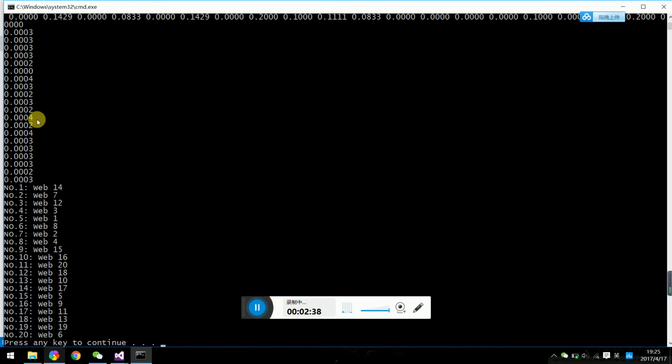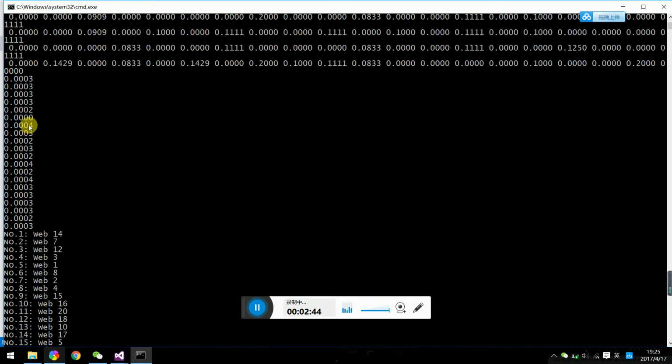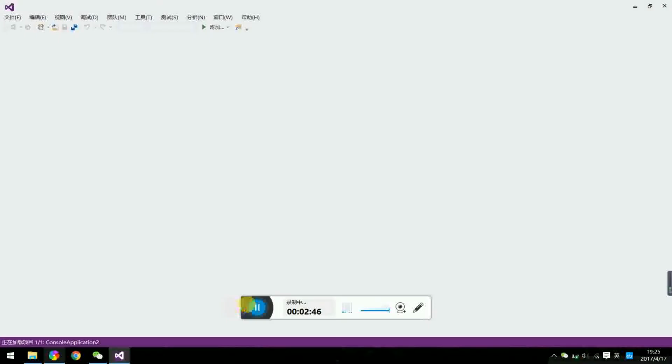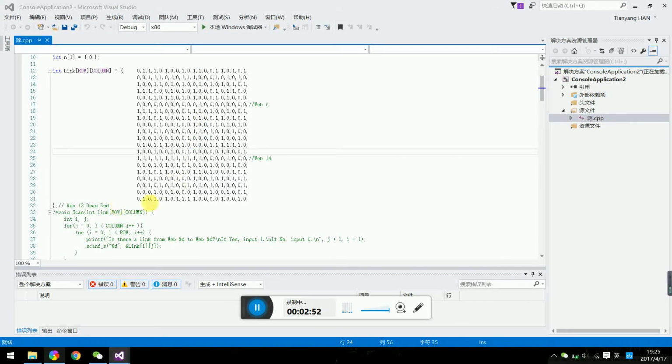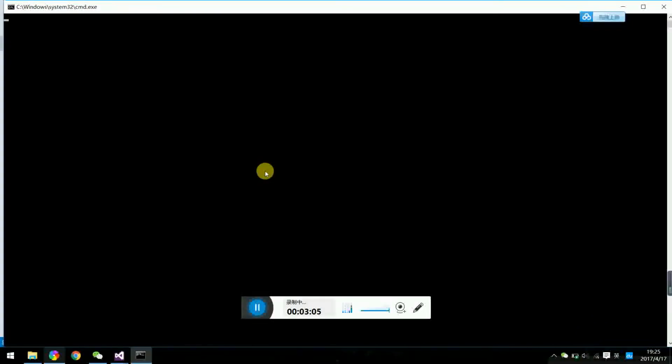I just calculated 70 times, so they're not exactly 0, but actually the whole PageRank should be 0. After we solve this problem, we separate the special webs and calculate the others' PageRank first, and then we calculate this special one, so we can get the proper PageRank of each web.